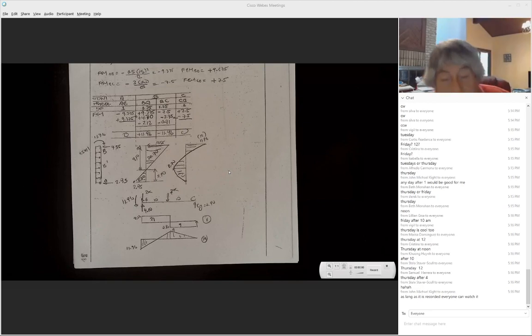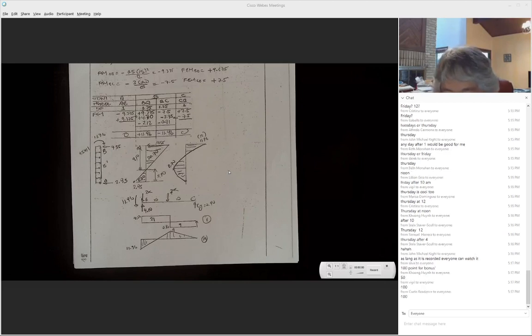Also, I want to tell you that the exam I'm going to give you, like I said before, has two questions. One is going to be a bonus, and one is going to be a regular question. What I haven't decided is how many points I'm going to give you for the bonus. What would be fair for everybody? Anybody want to suggest how many points for the bonus? 100 points.